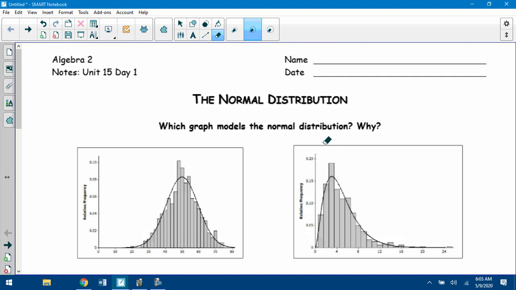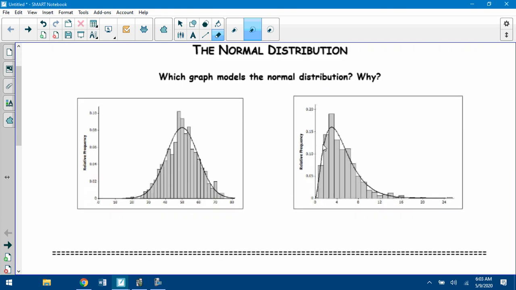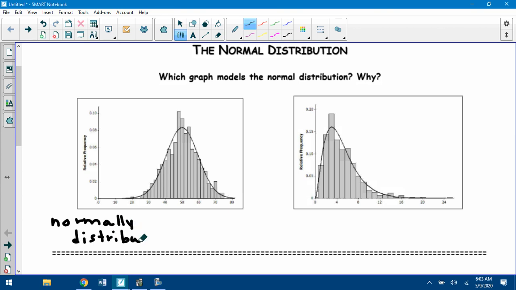Before I can tell you which graph models the normal distribution, I need to tell you a little bit about it. If a graph is normally distributed, then here are some characteristics of it. Sometimes they say it's mound shaped, or sometimes they call it a bell shape. We talked a little bit about that in the last video.